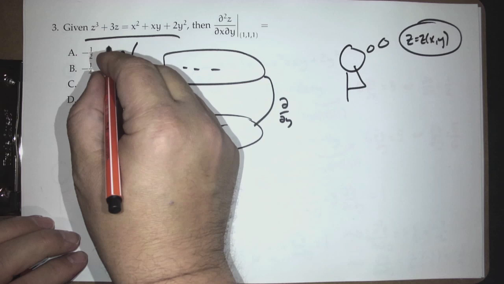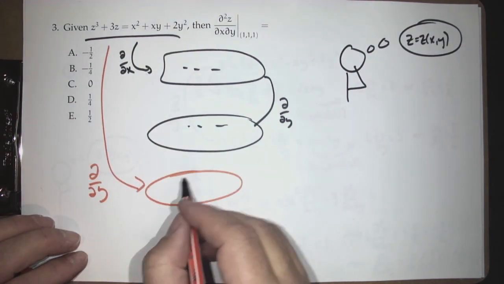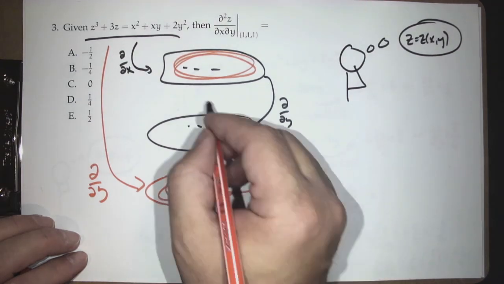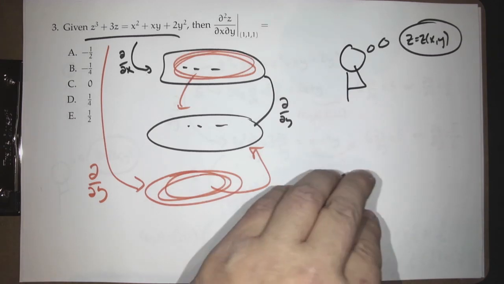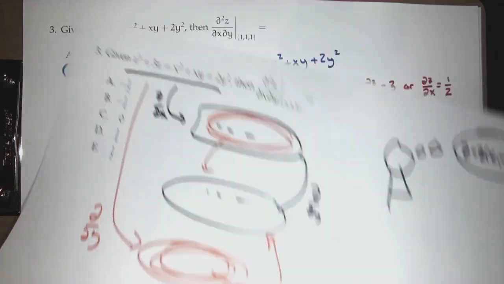You also have to take the derivative with respect to y, and you'll have to plug in here, and you'll have to plug in here, as that will feed in to there. So what is the answer? A, B, C, D, or E? B. Negative 1/4. All right.